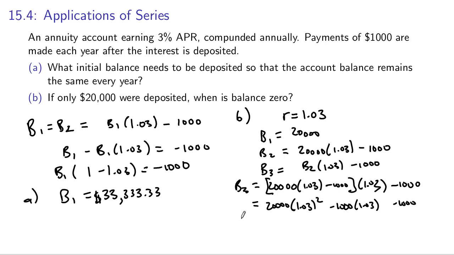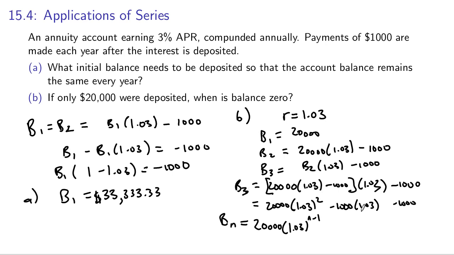So after the nth year, our balance Bn would be 20,000 times 1.03 to the n minus 1, because we have the 1.03 come out, so here we have 2 with the 3, that's why it's n minus 1.